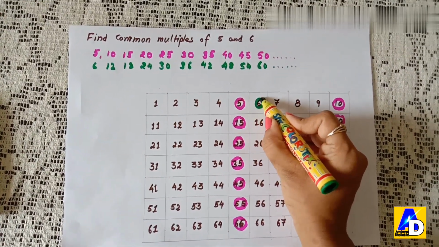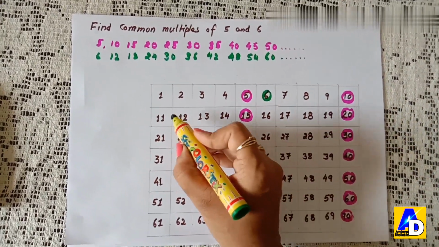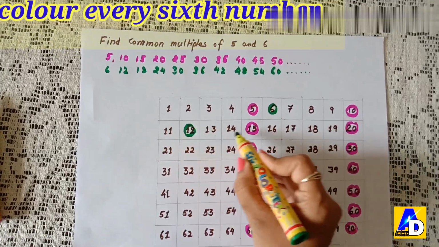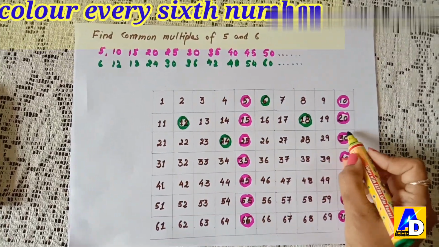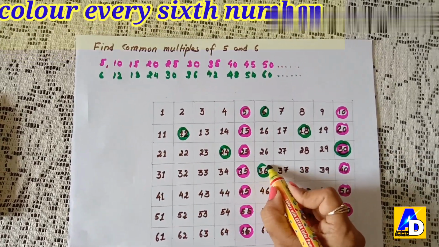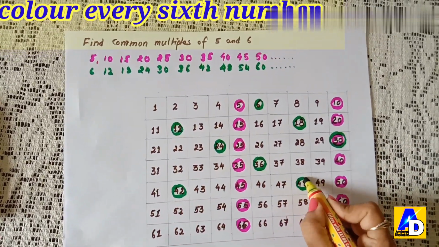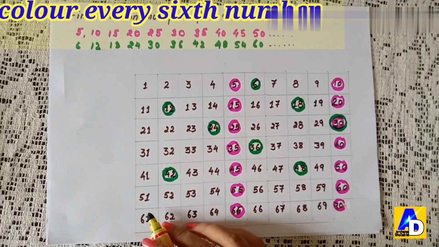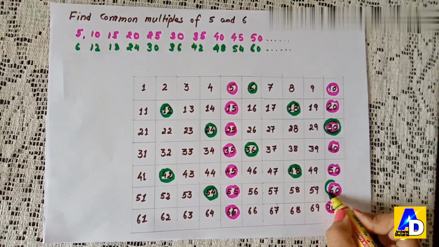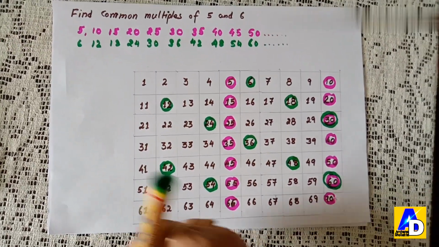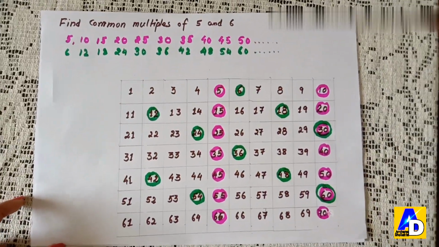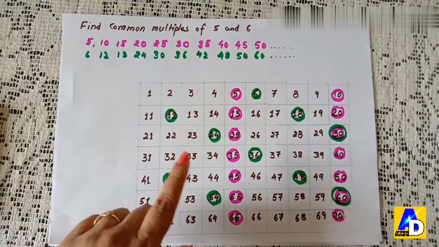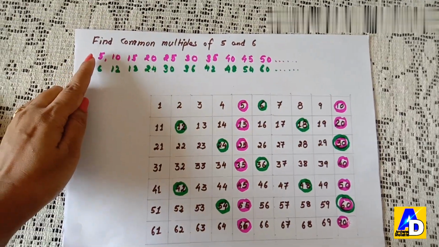So 6 ones are 6, 6 twos are 12, 6 threes are 18. Right. Now after doing this, you can see which, because we are talking about common multiples, right?